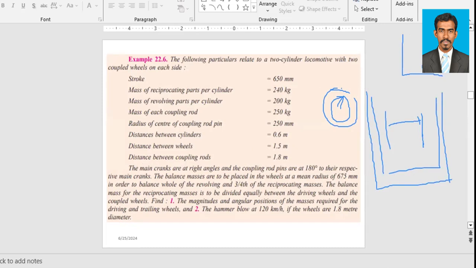If I consider this as main crank 1 and this as main crank 2, the coupling rod pin of main crank 1 is 180 degrees to the respective main crank, and for this one, M2, this would be 180 degrees for that respective pin. So this is how these masses are going to be located.